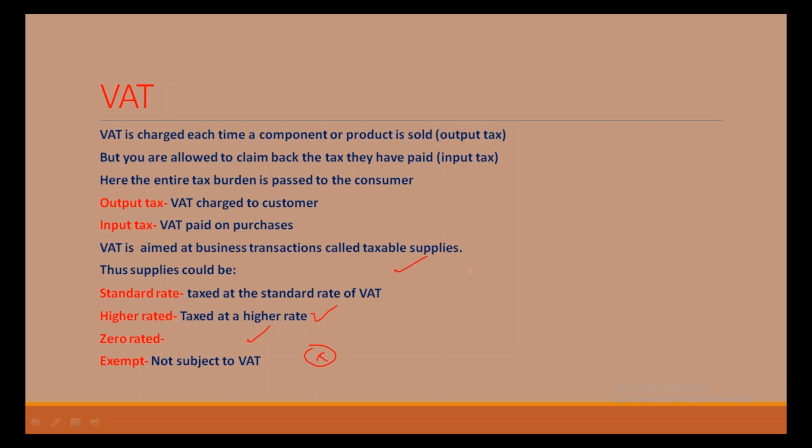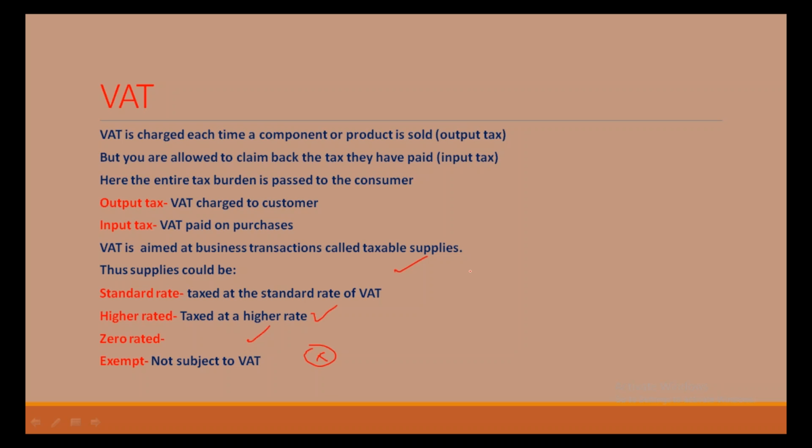So if it is exempt, even though people think it's a good thing to be exempted, I think it's not good, because when you're exempted, you sell it and you don't have to charge the customer. The customer doesn't need to pay taxes, but whatever taxes you have paid is a cost for you.